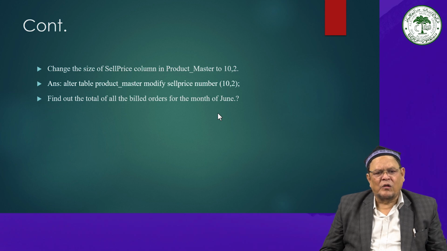Find out the total of all the bill orders from the month of June. How do you solve it?